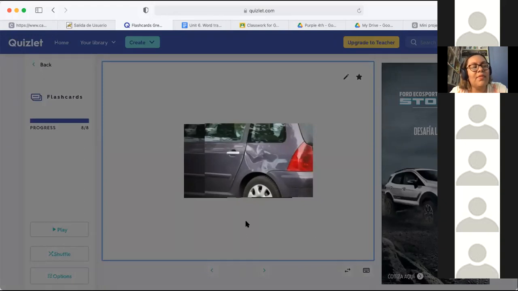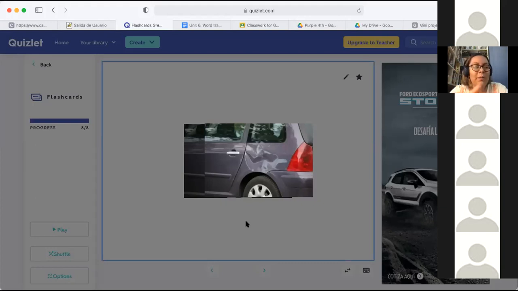Crashed. No. Okay, well, crashed is what I imagine happened to this car. Something crashed against it or it crashed against something, right? But now, no. Como abolladura. Dent. Yeah.